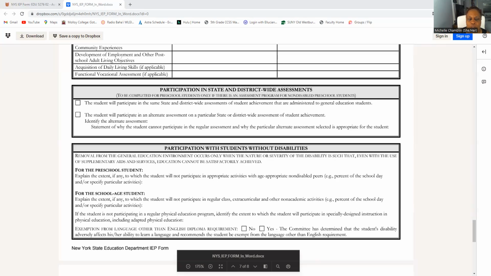So in the present levels of performance, this is broken down by study skills, reading, writing, and math. So in all of the major areas, this IEP talks about the student and their strengths and needs in these main areas.